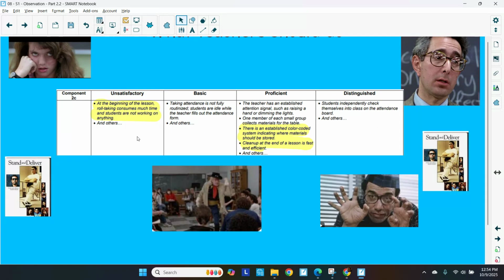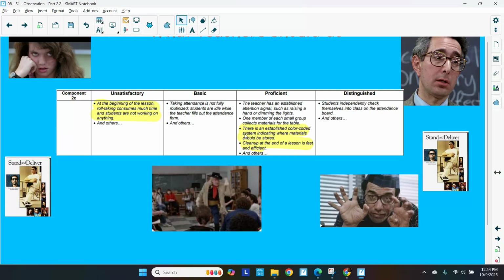And a little bit more: at the beginning of the lesson, roll taking consumes much of the time and students are not working on anything. So try to get them to do something towards the lesson. I usually have a Wordle up where the students are looking and trying to figure out what's the math vocabulary word for the day.